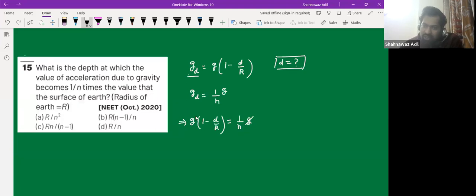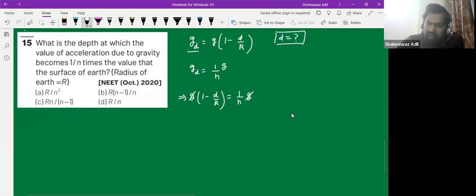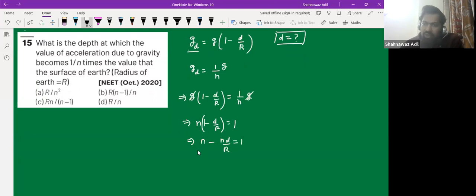So we can cancel this g. Then 1 minus d by R equals 1 by n. This n goes over here, so I can write n minus n d by R equals 1. Because I want to calculate this d, I have to simplify so that I get d on the left hand side.